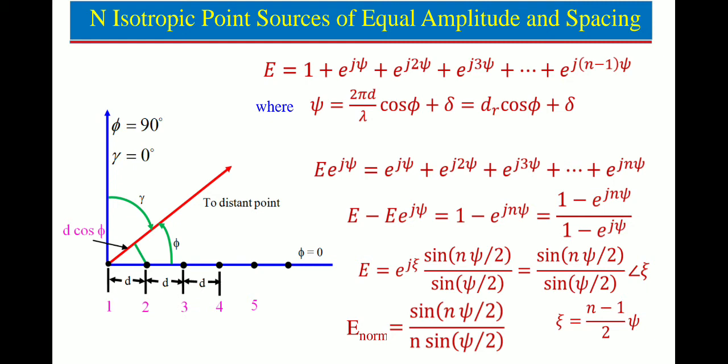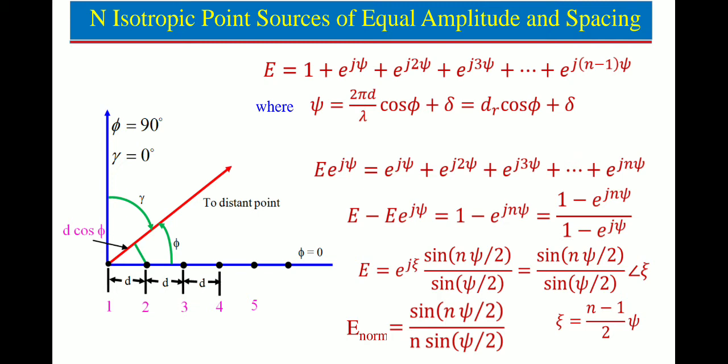E into e raised to j psi is equal to e raised to j psi plus e raised to j2 psi plus e raised to j3 psi up to e raised to j n psi. Similarly, E minus E e raised to j psi will be equal to 1 minus e raised to j n psi, and that gives E equal to 1 minus e raised to j n psi by 1 minus e raised to j psi.